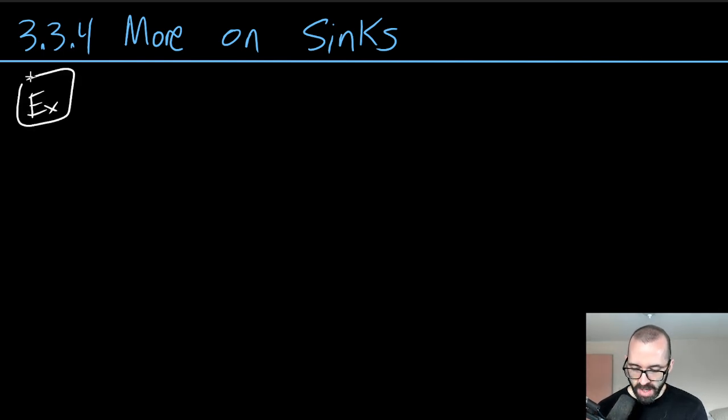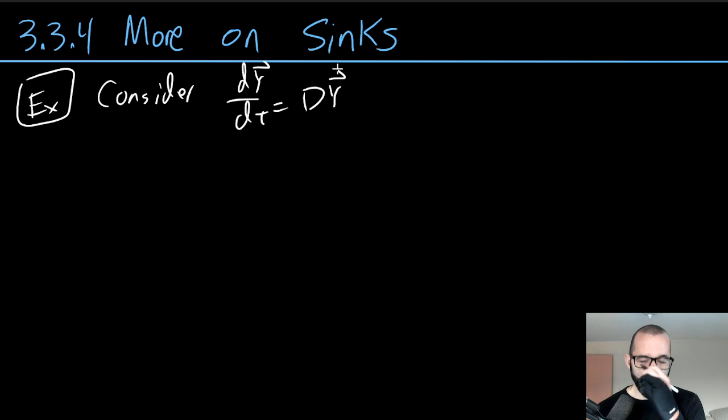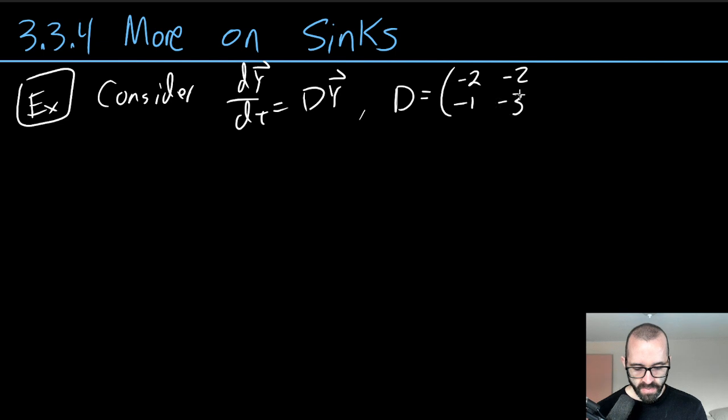Let's consider a more complicated one. I want you to consider this differential equation system: dy/dt equals D times y. How far through the alphabet do you think we're going to get? And here D will be the matrix [-2, -2; -1, -3]. And first, what I want you to do is verify, pause the video if you don't want spoilers. If you want to practice finding eigenvalues and eigenvectors, do it right now.